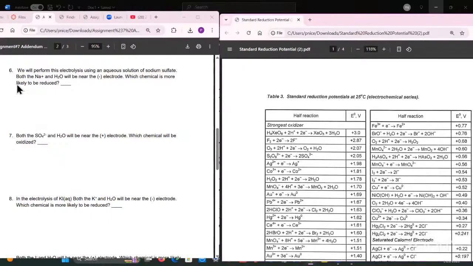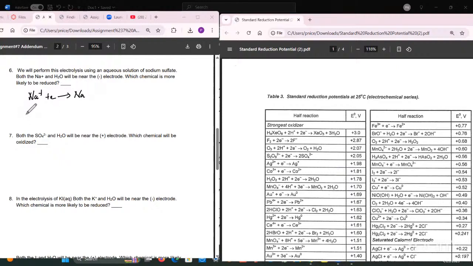So the question is, we will perform this electrolysis using an aqueous solution of sodium sulfate. Both the sodium and water will be near the electrode, which is the cathode. Which chemical is more likely to be reduced? So what we have to do is look at the equations potentially for the reduction of both water and sodium. In the case of sodium, Na plus plus electrons to give Na would be the potential reduction reaction.